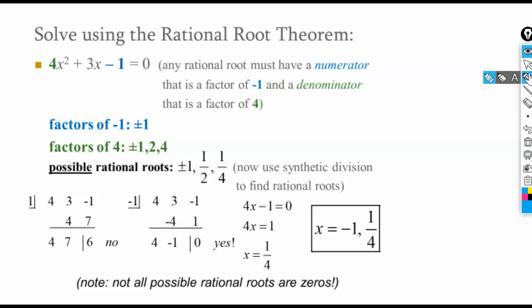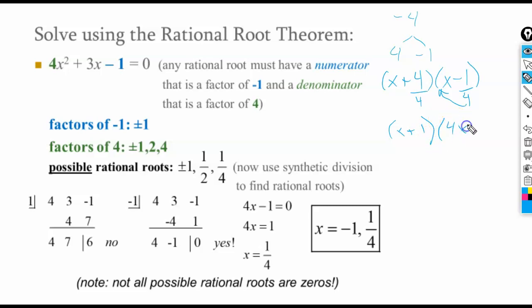In fact, we know 4 times -1 is -4, and that would be two numbers that multiply to give us -4 and add to equal 3. So x plus 4, x minus 1, and when we divide by 4, that's where we end up with x plus 1 and 4x minus 1. So this one would factor.